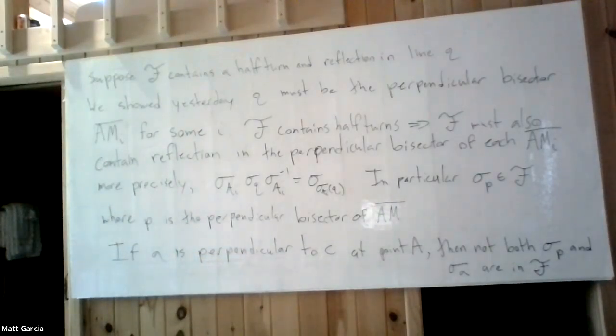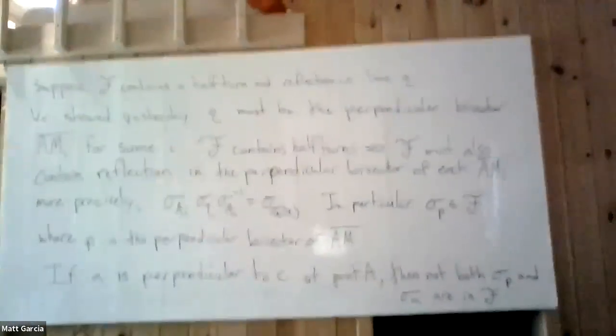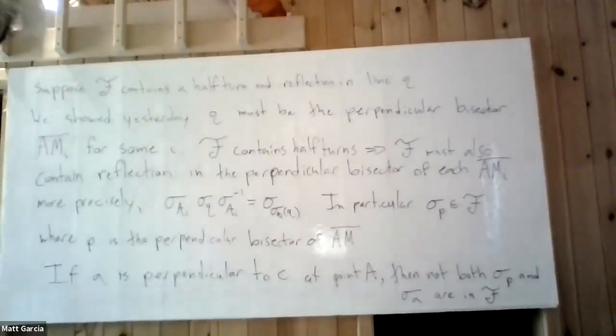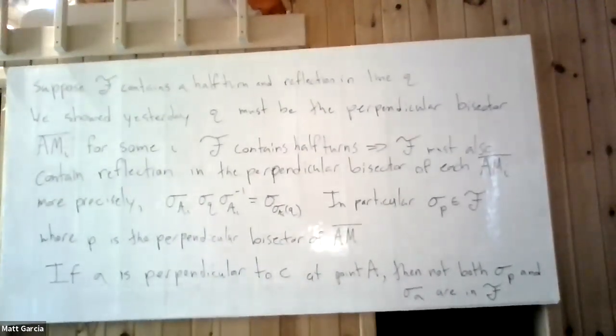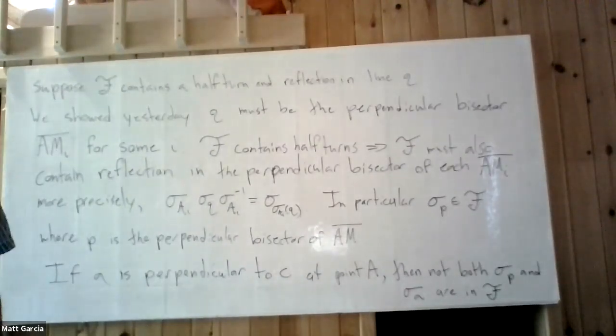What goes wrong if F contains both of those reflections? Any thoughts on that?